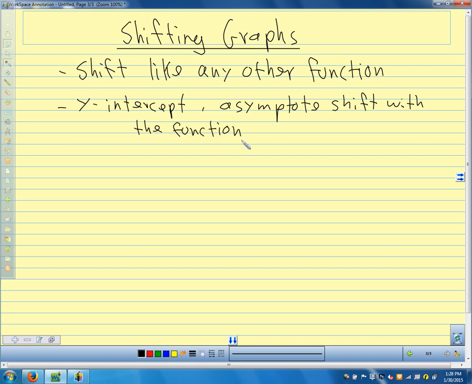So if we're shifting our function left and right, because our asymptote's horizontal, that doesn't change that asymptote, but it's going to shift that intercept. The point that's at 0, 1, we shift it right, it's going to shift right, shift it left. And if we shift up and down, our horizontal asymptote's going to shift the same as the function, and that intercept is going to shift up or down along with the function.